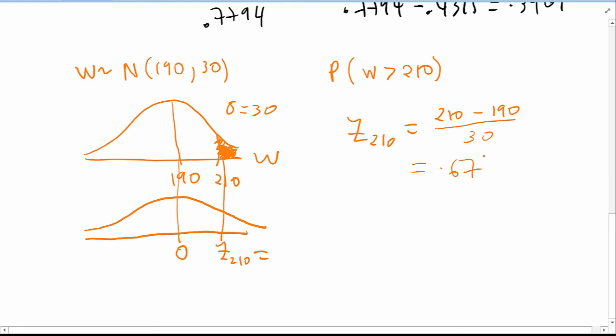Then I go to the table. This is what I could do. If I use the positive table and read it straight out at 0.67, I get the opposite area. So what I'm going to get is this area right there.